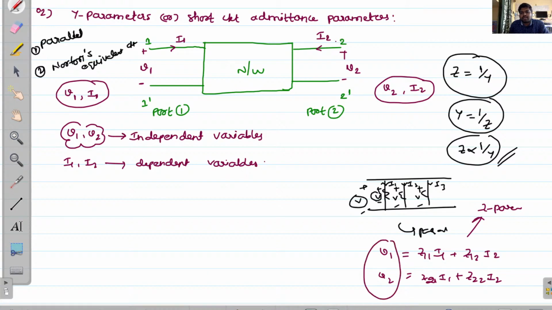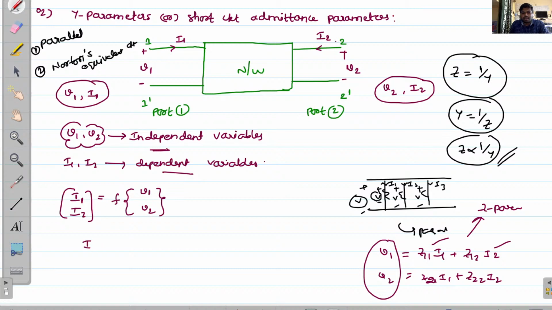In the left side, in the Z case, voltages are the variables, but here currents are the variables, okay? Why? Because these currents depend on the voltages V1 and V2. Here I1, I2 are dependent variables and V1, V2 are independent variables. That means I1 is a function of V1 voltage as well as V2 voltage, and in a similar way I2 is also a function of V1 as well as V2.